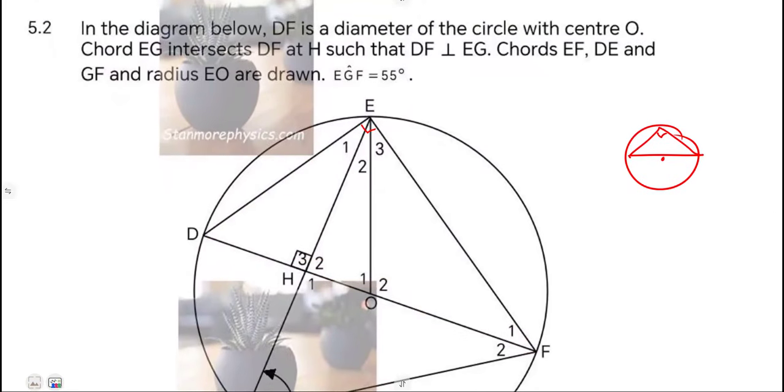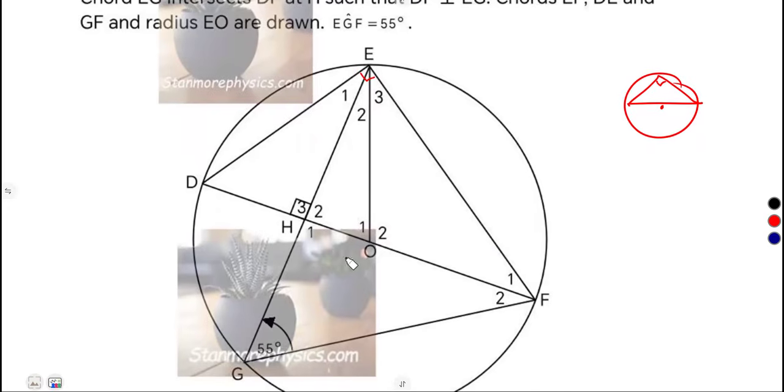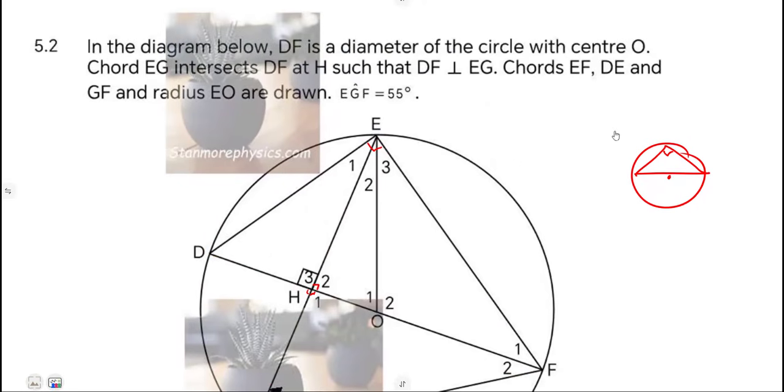We are then given these chords, and they intersect at H, and DF is perpendicular to EG. From D to F and from E to G, it is perpendicular. That's the 90 degrees that we are given here at H. And the radius is also given.